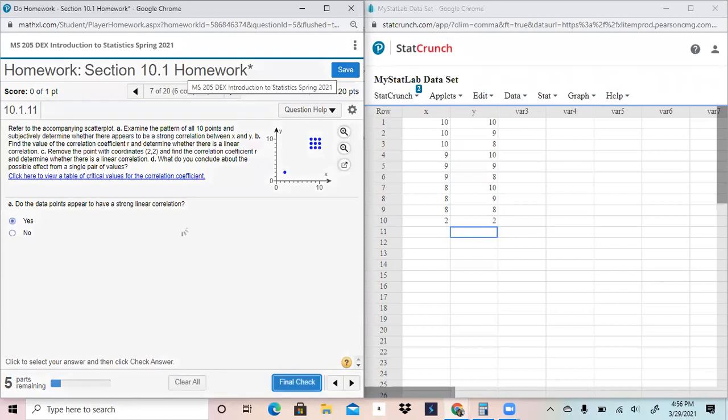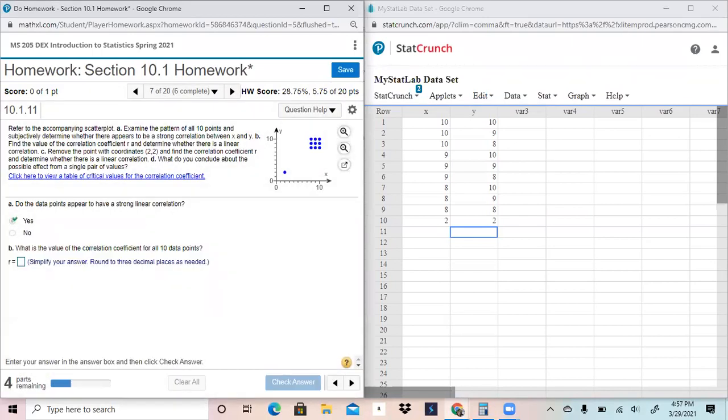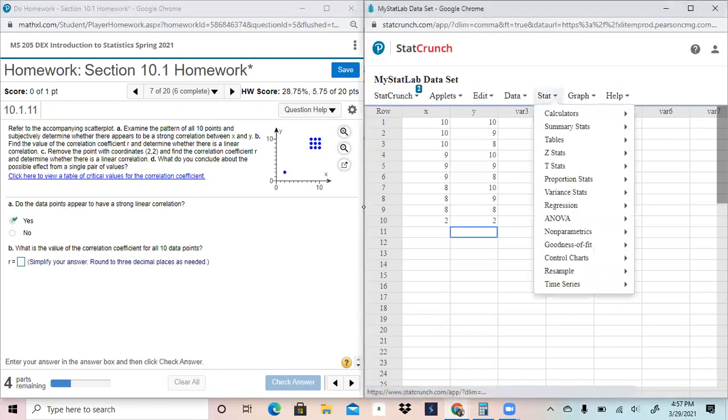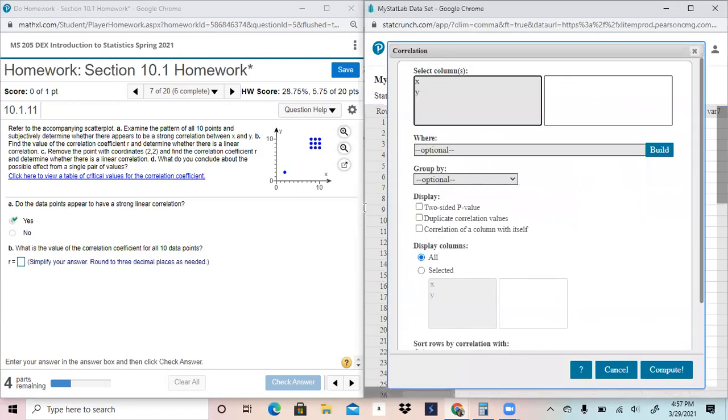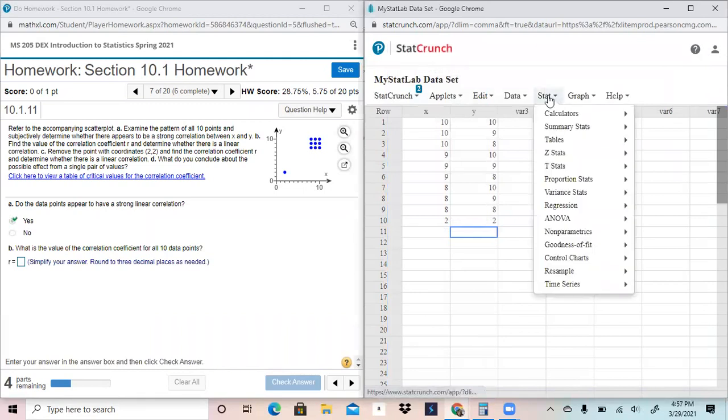What did they say? Okay. What is the value of the correlation coefficient for all 10 data points? Let's just go ahead and do it with the summary stats.